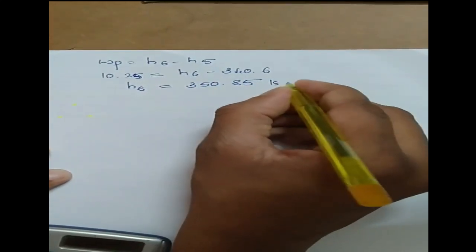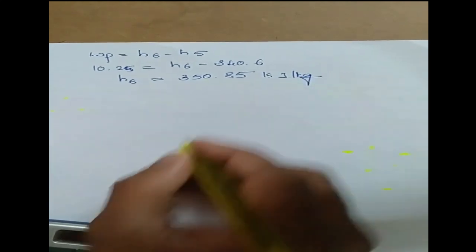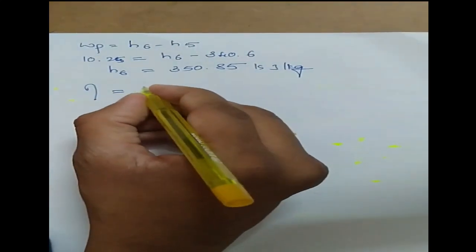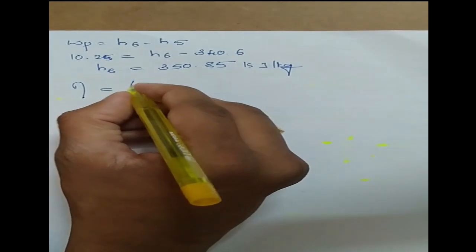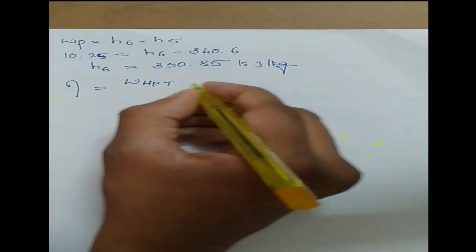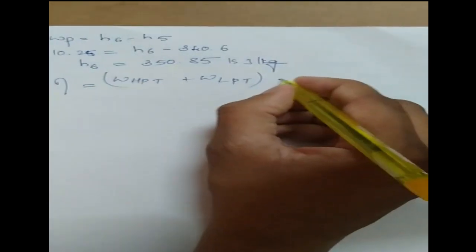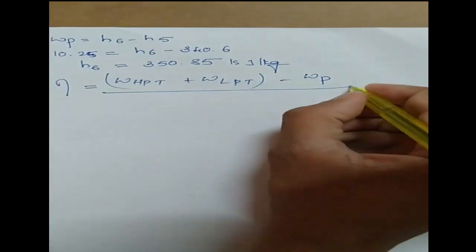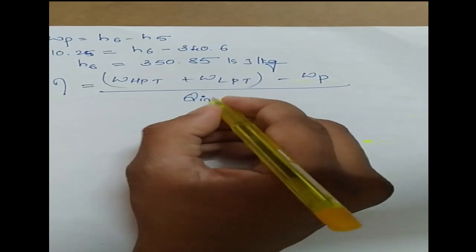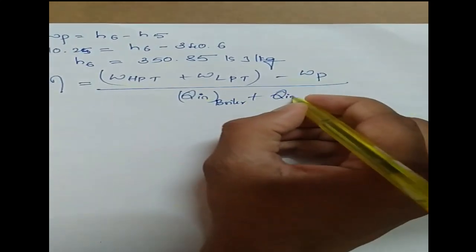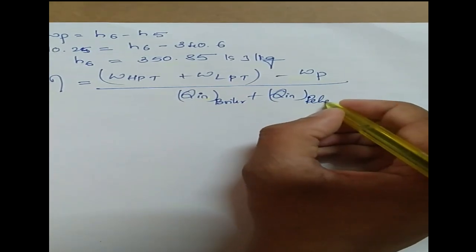350.85 kilojoule per kg. So now your efficiency is the work done by turbine: work done by the high pressure turbine plus work done by the low pressure turbine minus work done by pump, divided by Q in boiler plus Q in reheat.